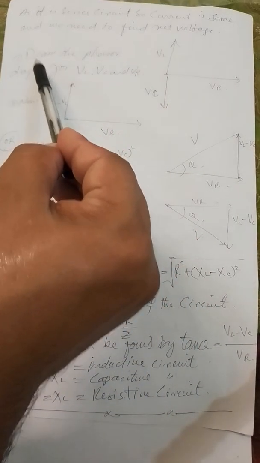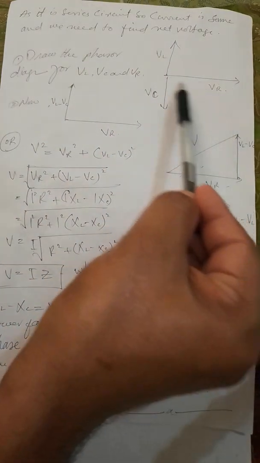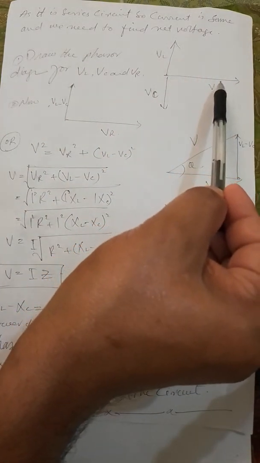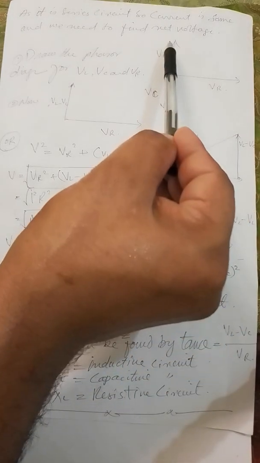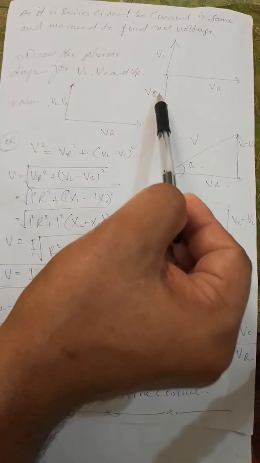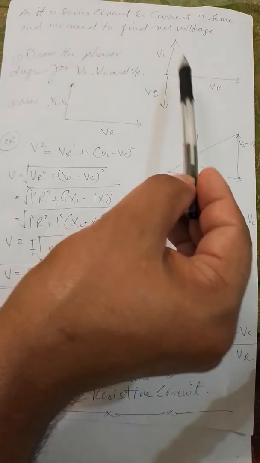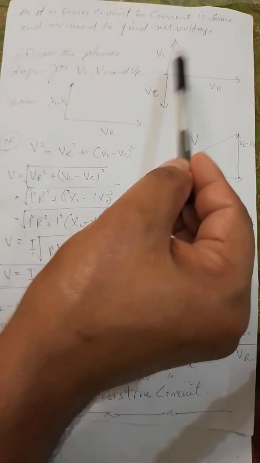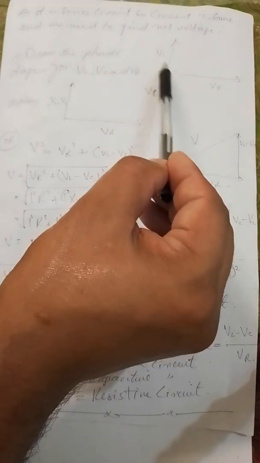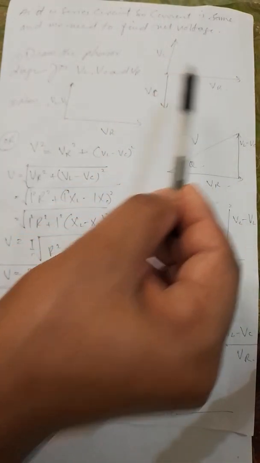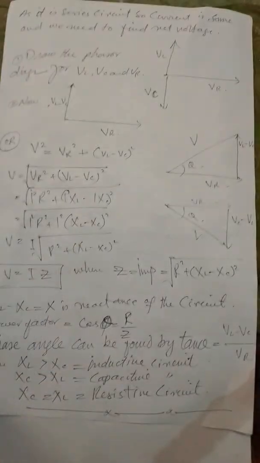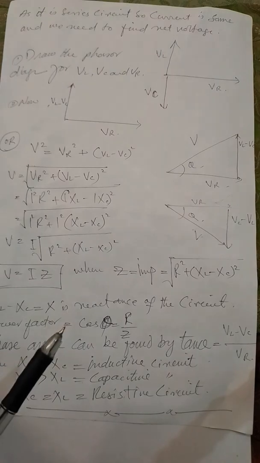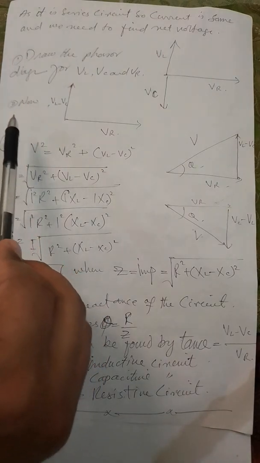As we know from the previous diagrams, the phasor for resistance voltage VR is along the x-axis, VL above it leads the current and VC below it lags the current. So we can have a net voltage by the use of these three phasor vectors. Draw the phasor diagram for VL, VC and VR. Now we are going to find the net voltage of the RLC series circuit. That can be done by the use of the right hand rule, as we did in first year class.